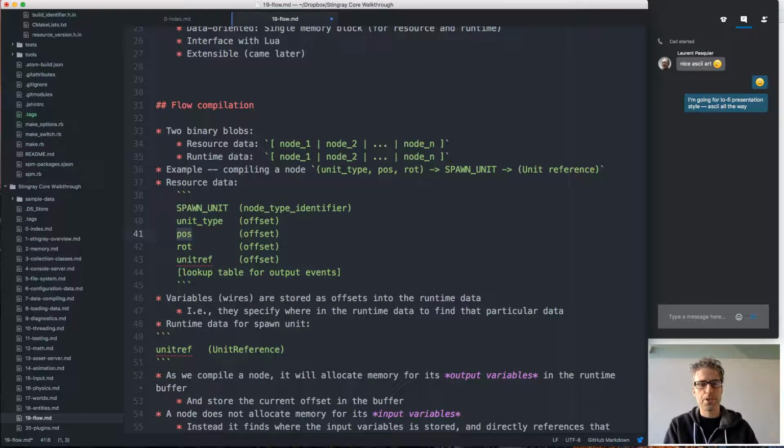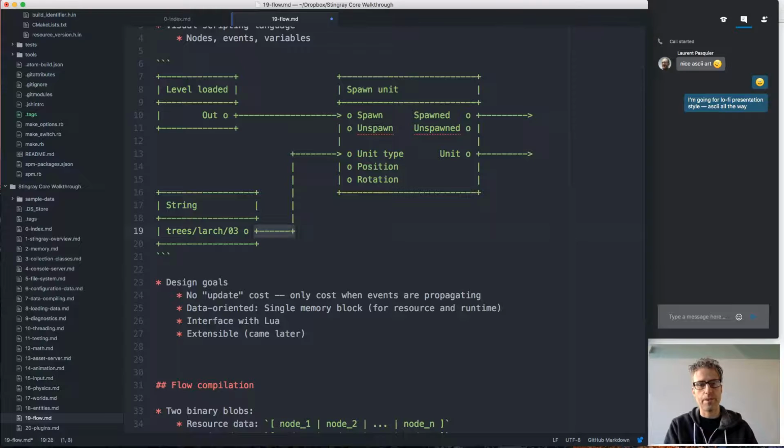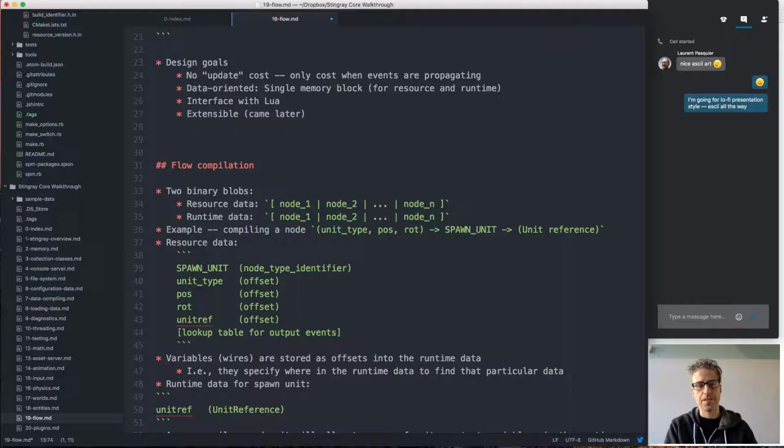Same here for position. It's stored as an offset somewhere in the runtime data. We can find that position. Rotation, somewhere in the runtime data. So all the parameter data, all the data that is on these variable wires here, gets stored in the runtime data, and we refer to it through these offsets. Same thing with the unit reference.